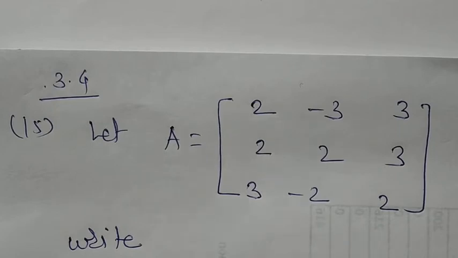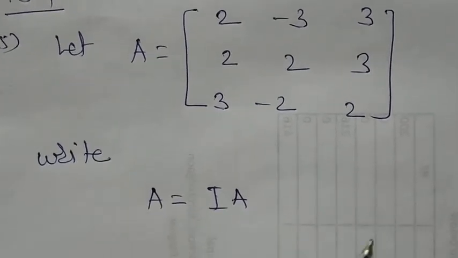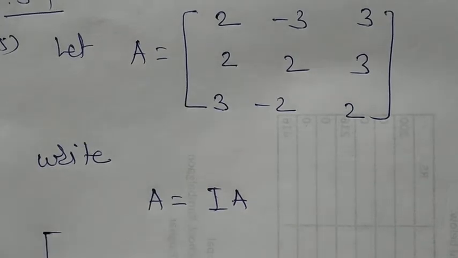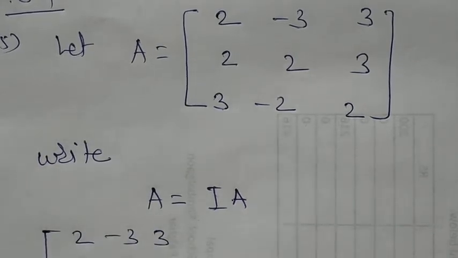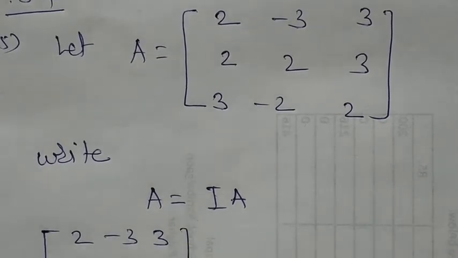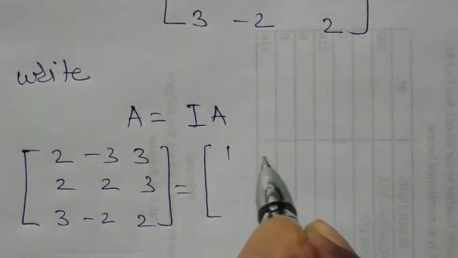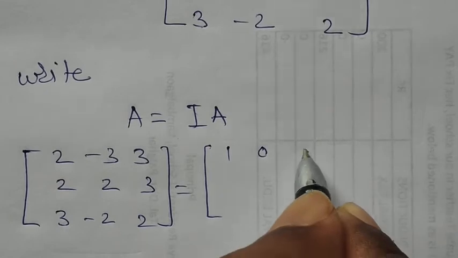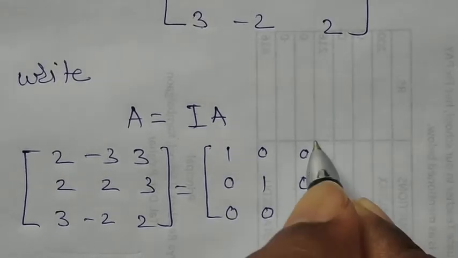This is again a 3 by 3 matrix, and we find the inverse of this A. Now we can write A equals I A. Then A becomes [2 -3 3; 2 2 3; 3 -2 2] equals I, the 3 by 3 identity matrix [1 0 0; 0 1 0; 0 0 1], times A.